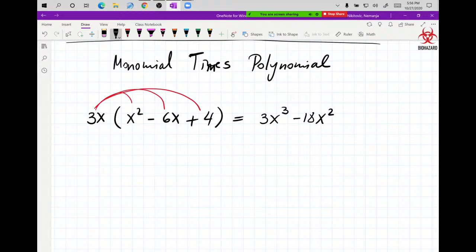X squared. X times x is x squared. And finally, 3 times 4 is 12, plus 12x. So we distributed, meaning we multiply the term into every term of the parenthesis.